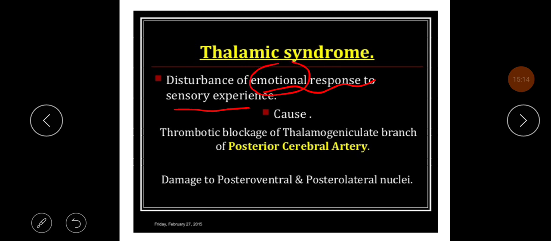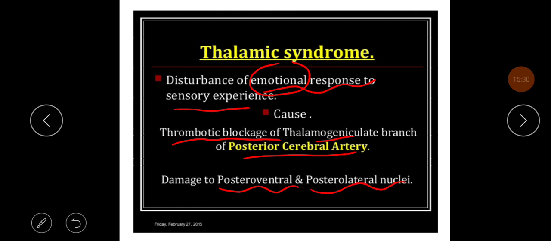Most of the time the cause is thrombotic blockage of the thalamogeniculate branch of the posterior cerebral artery, which leads to damage to the posteroventral and posterolateral nuclei of the thalamus.